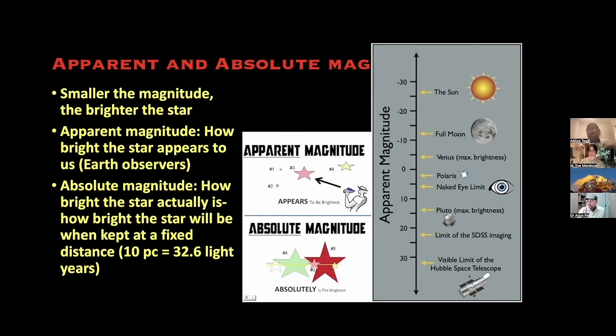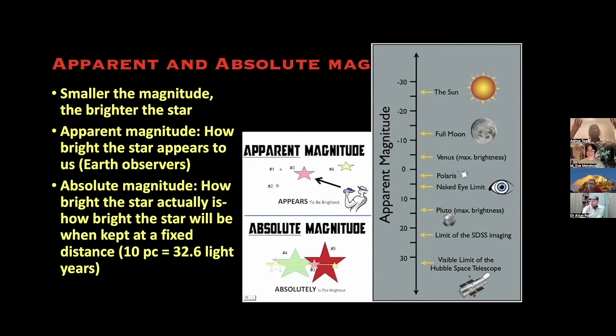There's another which is called absolute. Now, if I ask you how to find the brightest star, you will keep all the stars at the same distance, and then test which one is brightest. That will be the real value, because now you are removing the distance effect. So absolute magnitude assumes all the stars are at a distance of 10 parsec, which is 32.6 light years. Don't ask me why they kept this number, but that is one constant distance.